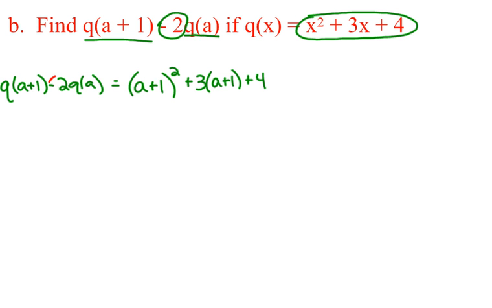Now, the minus 2 times, I would write as minus 2, and then I'm going to have a parenthesis here, because I know I have to take that whole thing times a negative 2. And then in my q of a, I'm going to replace all the x's with an a, which really isn't going to do anything except change the variable. So instead of x squared, I'd have a squared plus 3 times a instead of x, and then plus 4.